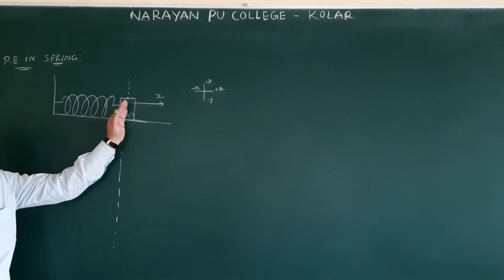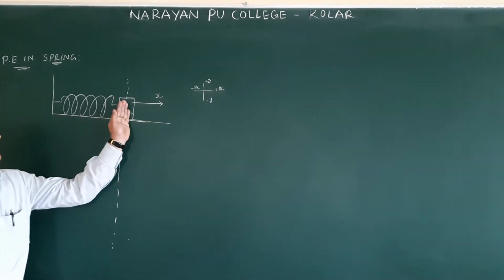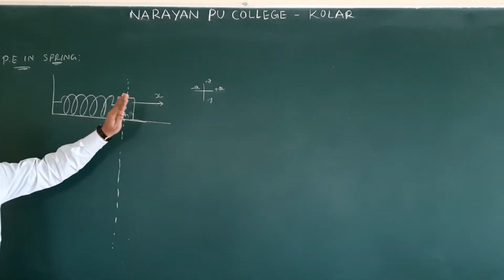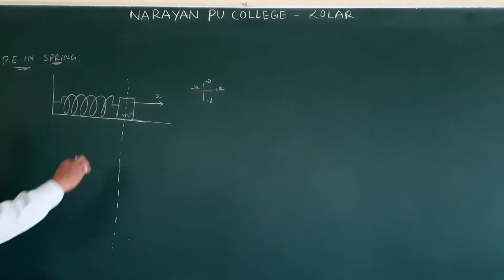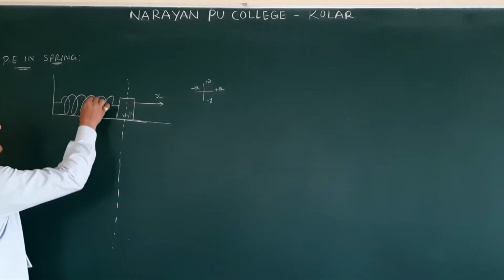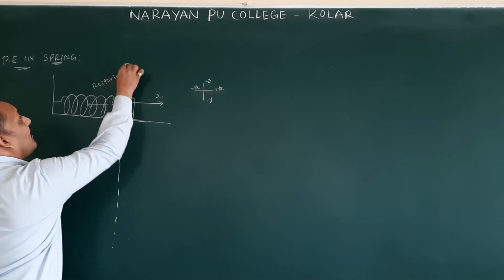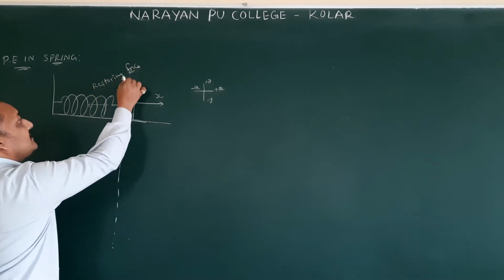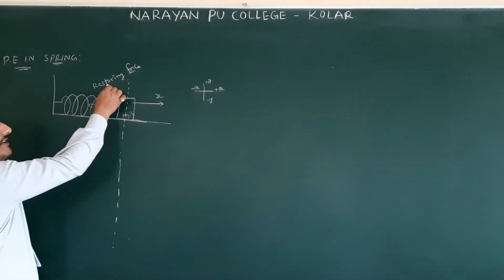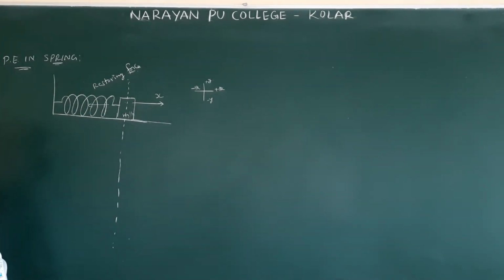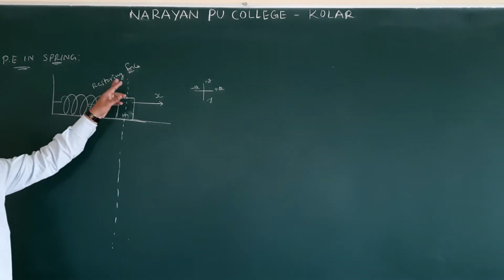You are pulling this object in this direction. Because of this elongation, restoring force is developed in the spring. That one we will call restoring force. This force is developed within the spring, therefore we call it restoring force.